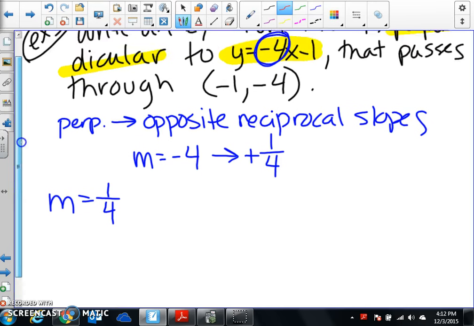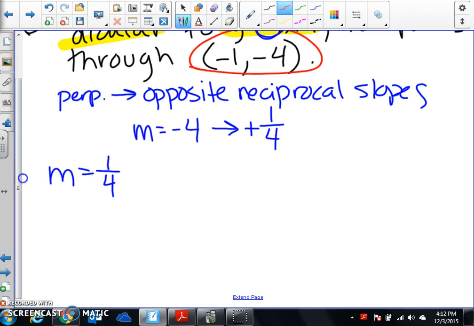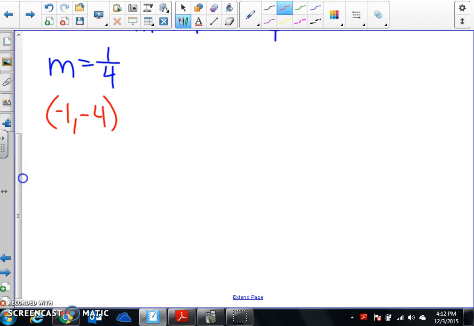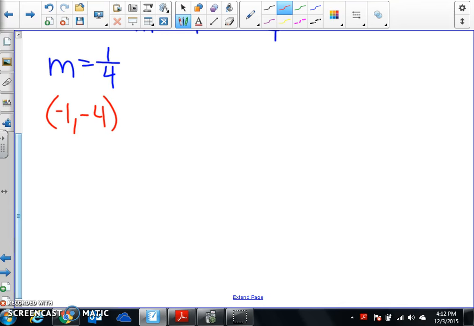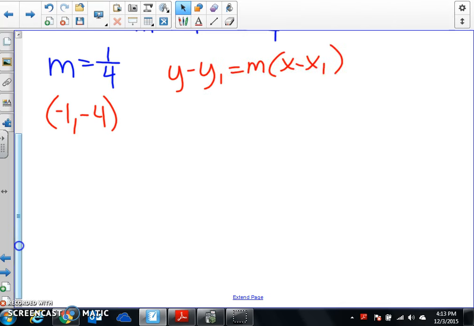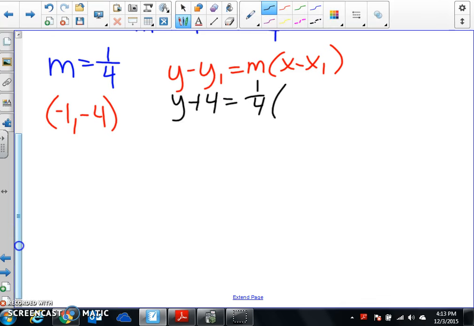Now I take the point that they gave me, which was -1, -4. Let's say that this one also told us to put it in slope-intercept form. Okay, so they gave me a point, they gave me a slope, so I need to use point slope. Okay, so y plus 4 equals 1/4 times x plus 1. That's point slope form. I want to put it in slope-intercept, so I have to distribute.